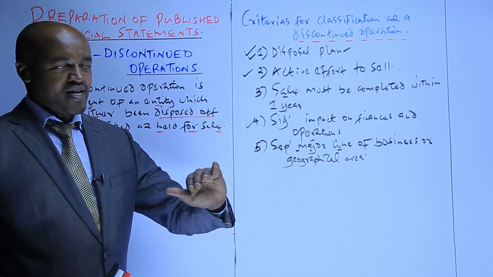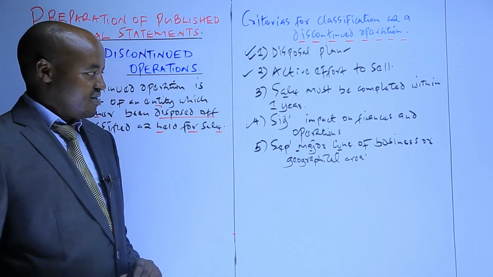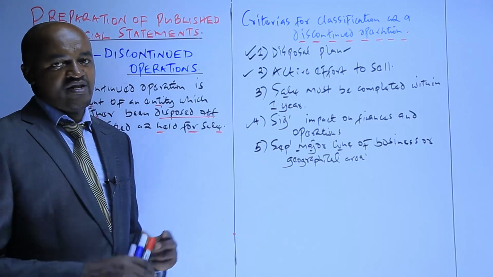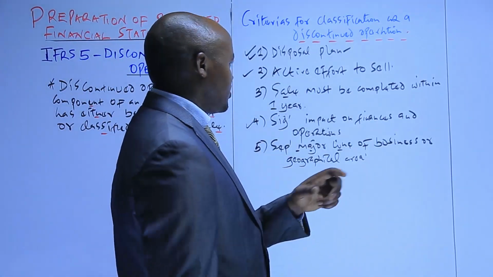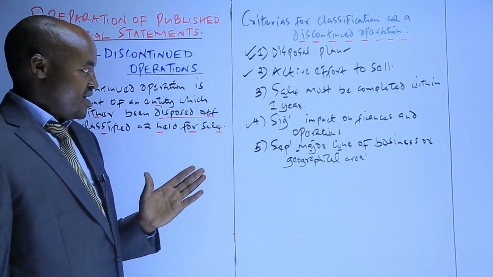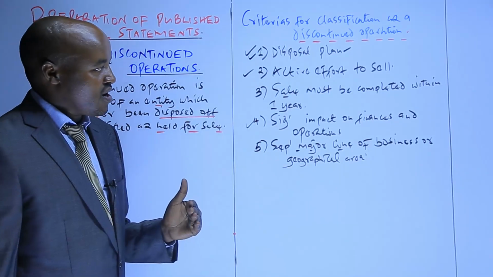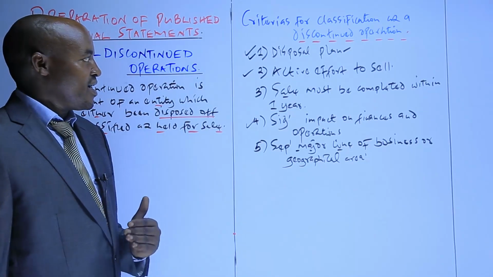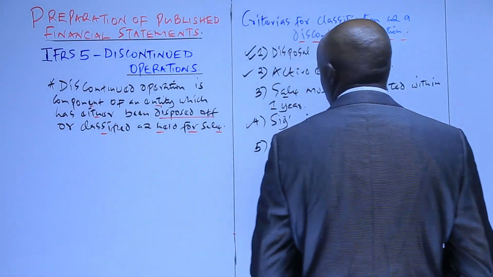Because that branch is like a separate line of business, or basically an operation of the company in a different geographical area, it also qualifies to be classified as a discontinued operation. So therefore, these are the various criteria laid down under IFRS 5, which must be met by any component or operation of the company for it to qualify to be classified as a discontinued operation.